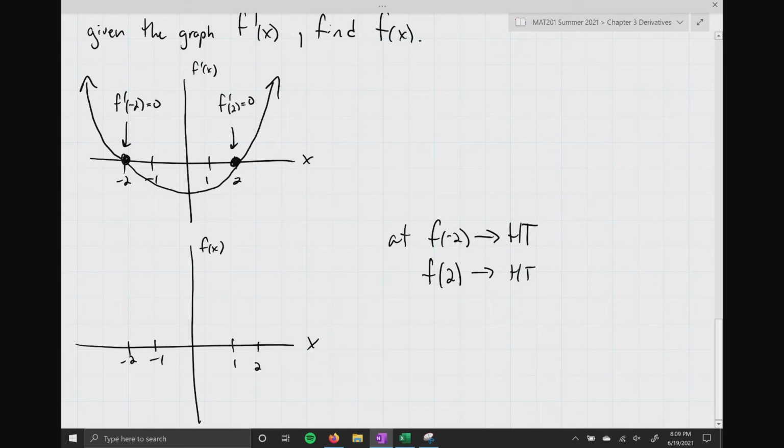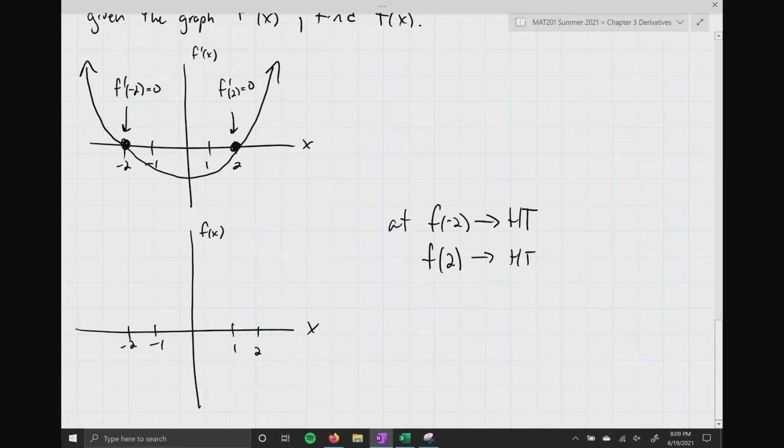The question becomes, where is it? Well, look at all the slopes of your tangent lines right there. Remember, this is your derivative graph. They're all positive, which means on f of x, I have to be coming up, because your derivative graph says they're above the x-axis, so they're positive.